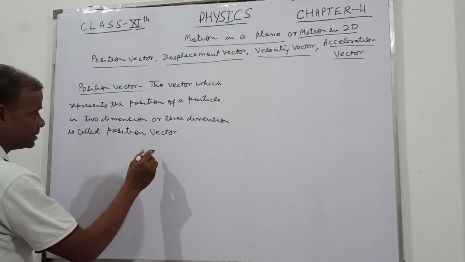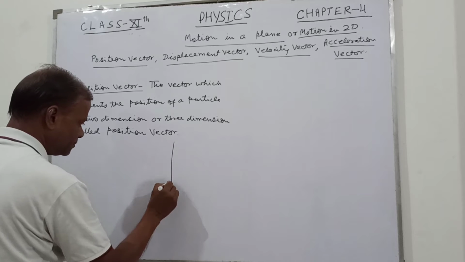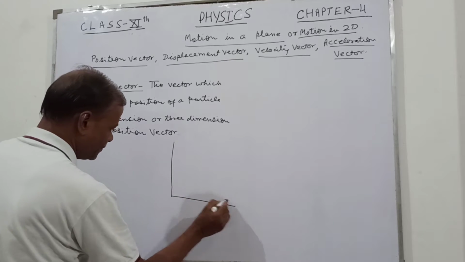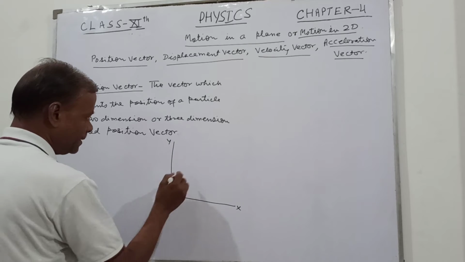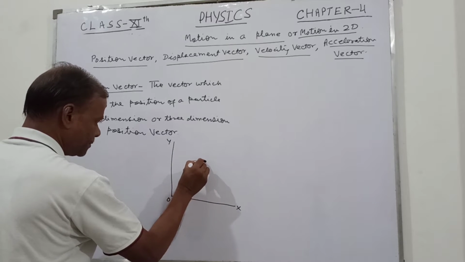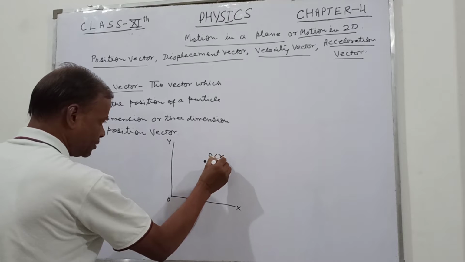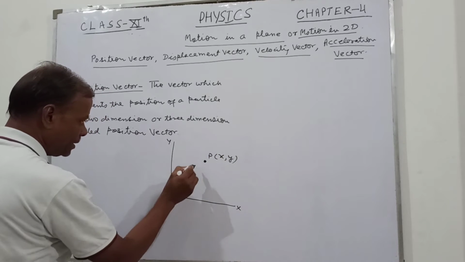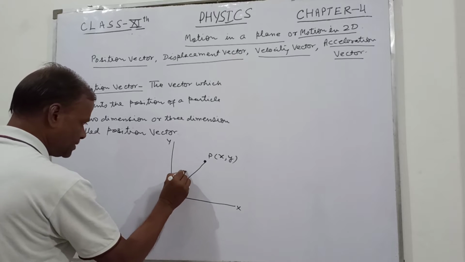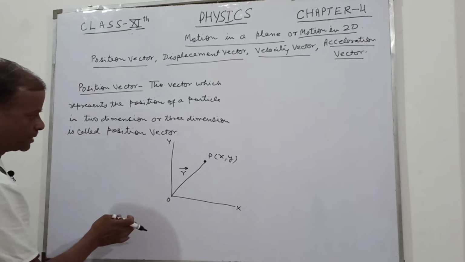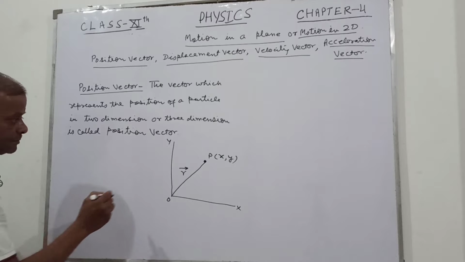So now let us take two dimensions. This is now your x, this is y, this is the point P. It has the coordinates x, y, and when we join it with the origin, this is called the position vector. OP is the position vector.